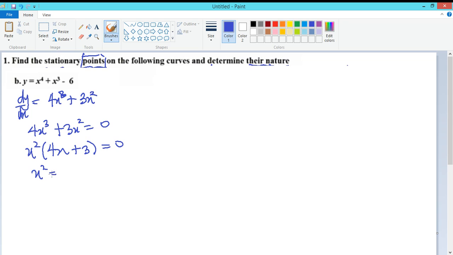Solving further, x squared is equal to 0 implies x is equal to 0, and then 4x plus 3 is equal to 0 implies x is equal to negative 3 over 4.